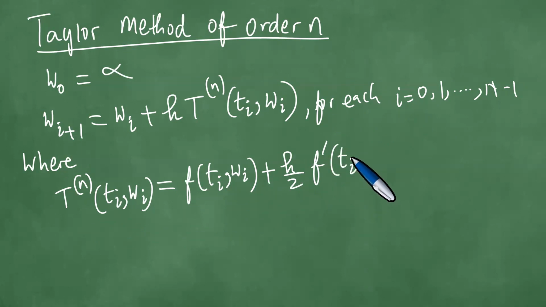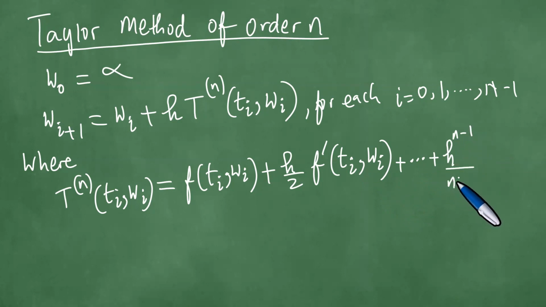Then Ti, plus and so on, plus h to the power n minus 1 divided by n factorial, f to the power n minus 1 of Ti, Wi.